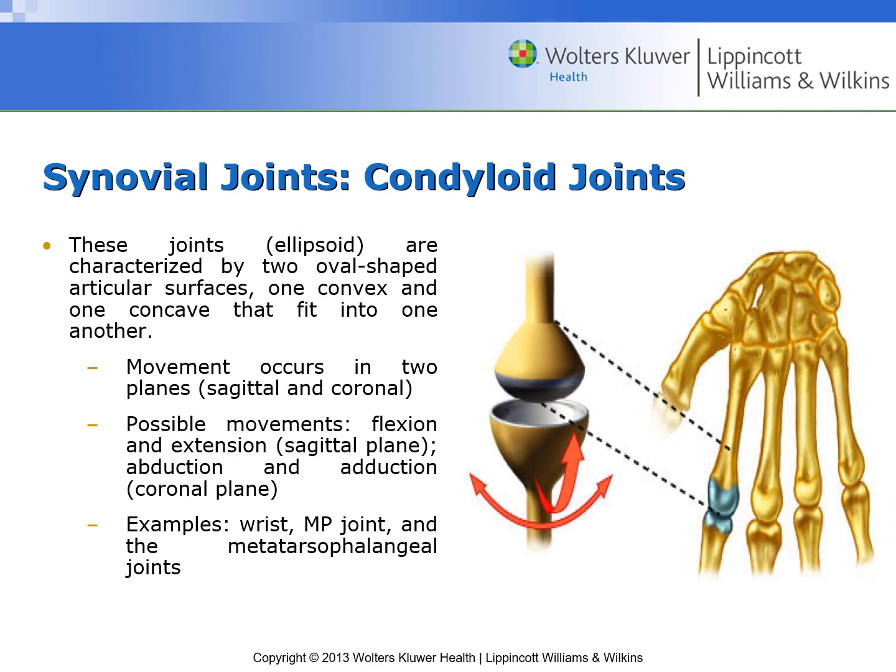The possible movements are flexion and extension occurring in the sagittal plane, and abduction and adduction that occur in the coronal plane. Examples of condyloid joints are the wrist, the MP joint, and the metatarsophalangeal joints.